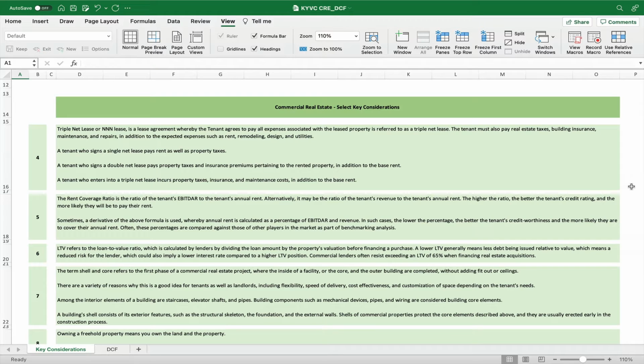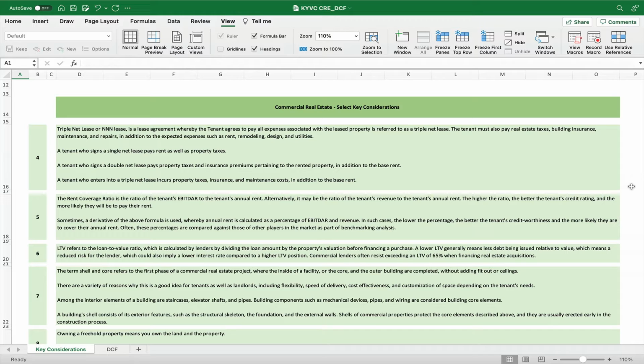they are in default. So the rent coverage ratio is the ratio of the tenant's EBITDA, that's the earnings before interest, taxes, depreciation, amortization, and rent, to the tenant's annual rent. And the EBITDA is the EBITDA before they sell the real estate assets.